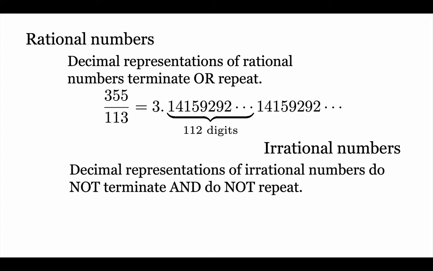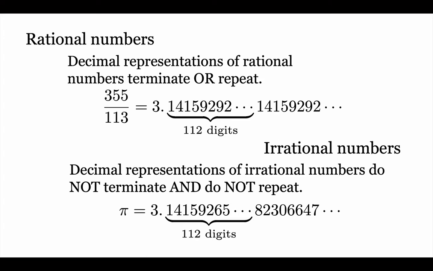On the other hand, irrational numbers, if you look at their decimal representations, don't stop and don't repeat. Pi, for example, looks kind of like 355 over 113, but after you look at 112 digits, the next 112 digits don't resemble the first 112 digits at all. In fact, no matter how many digits we look at, you'll never have that repeating pattern.